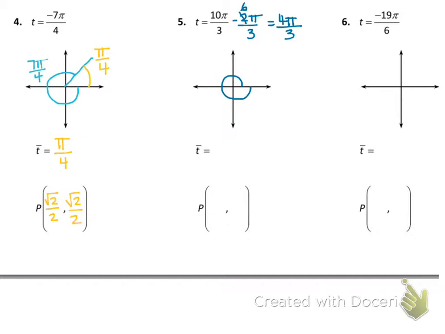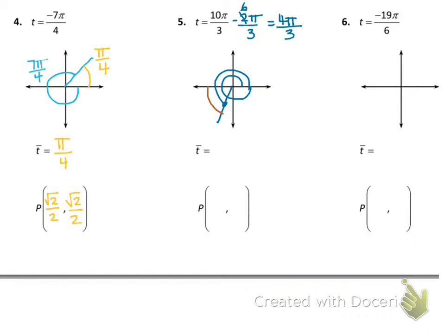And 4 pi over 3 ends here in the third quadrant, so I'm going to swirl over and end here. This is where I end. So that is the full graph of 10 pi over 3. So to find that point, though, you need to use the reference angle.